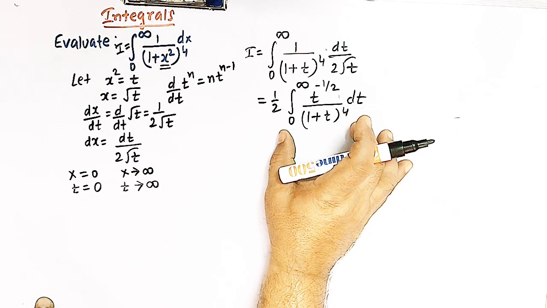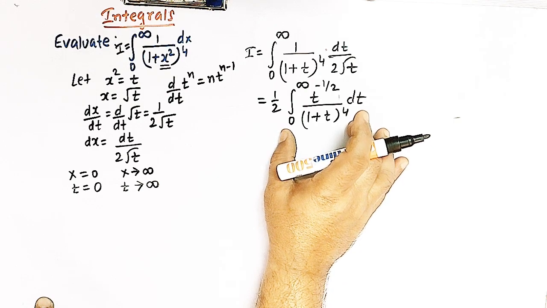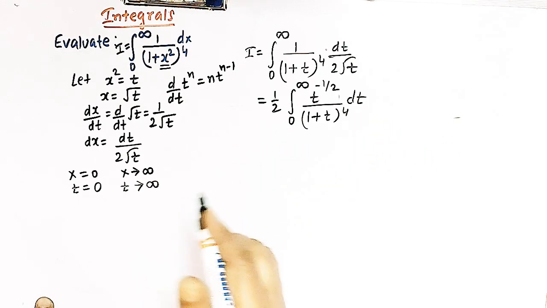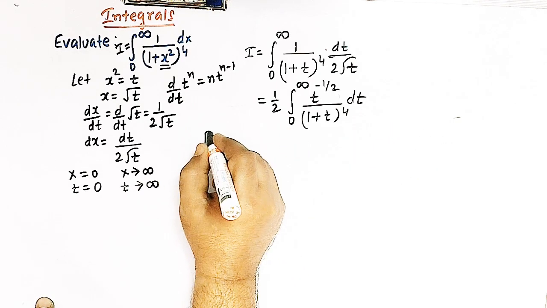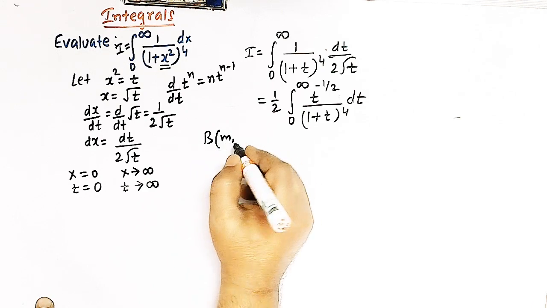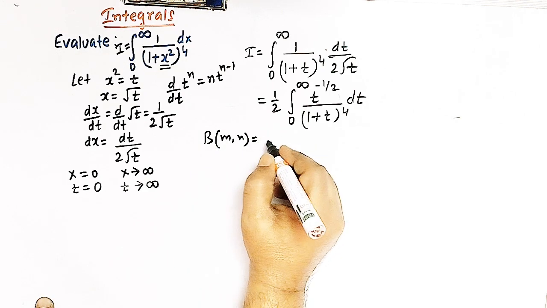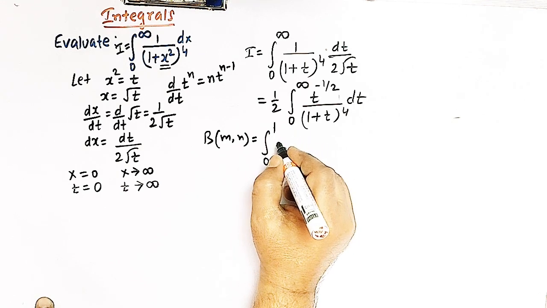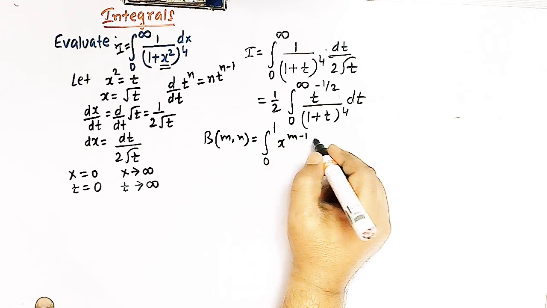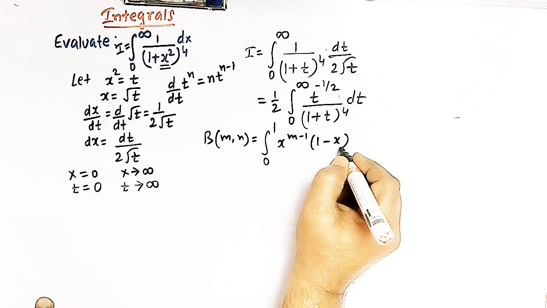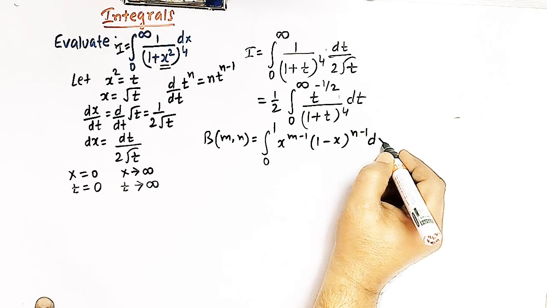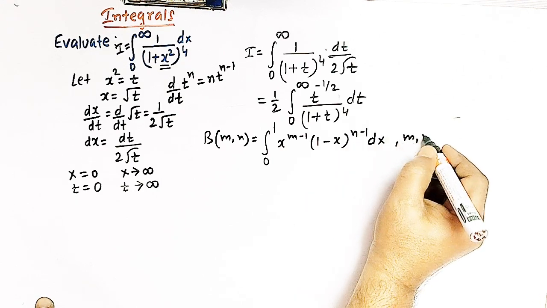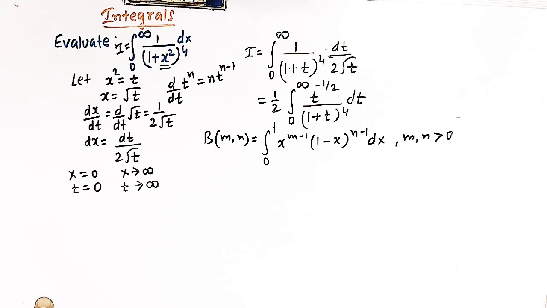Now let us consider this integral, and now let us define the beta function. Beta function is defined as beta of m comma n is given by this integral, that is 0 to 1, x raised to m minus 1, (1 minus x) raised to n minus 1 dx, where m and n are greater than 0.